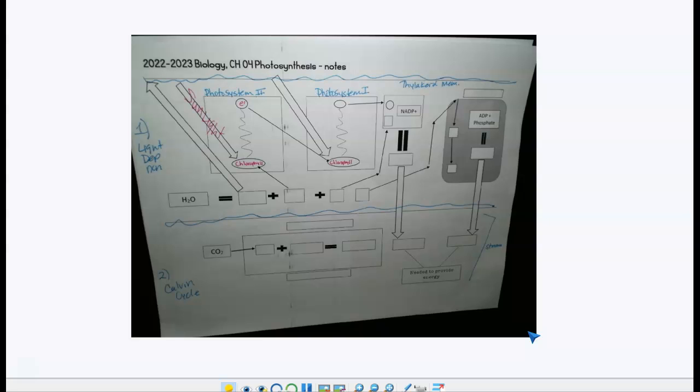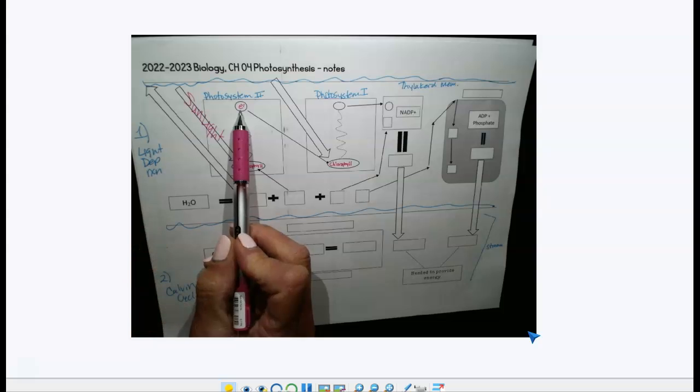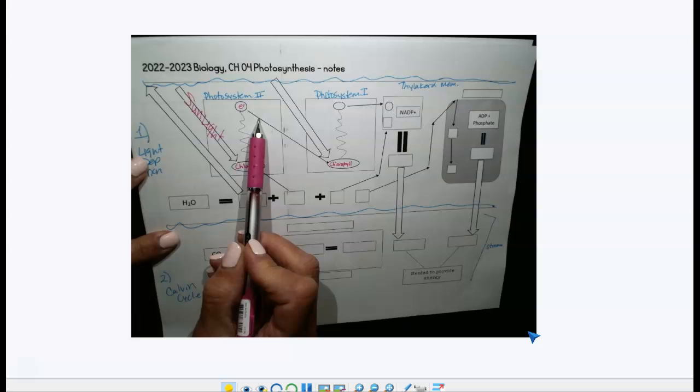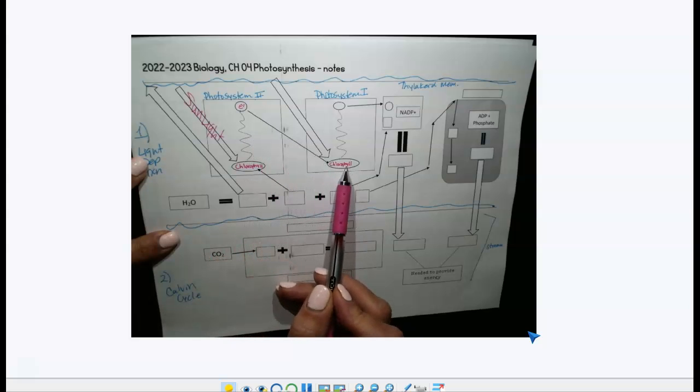If you remember from physical science, when an electron gains energy, it jumps to a higher energy level, and then eventually it comes back down to its original energy level. So this electron jumps to a higher energy level, he's excited, and then he goes down this sort of escalator and joins this chlorophyll.